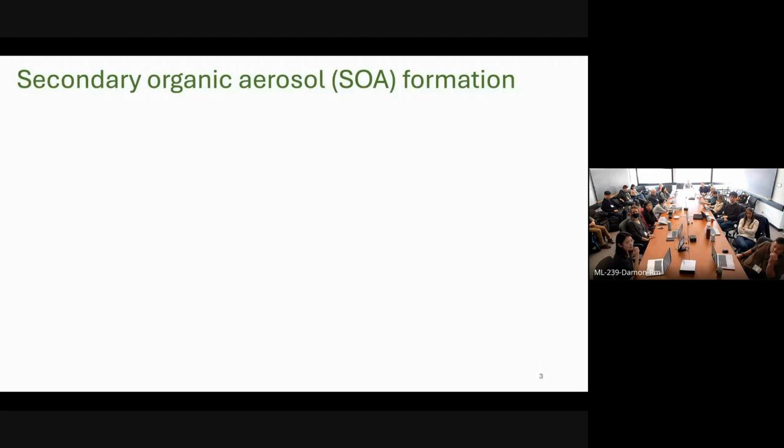Secondary organic aerosols are not directly emitted into the atmosphere as particles. Instead, they are formed through the oxidation of volatile organic compounds, or VOCs. For a large portion of the secondary organic aerosol, these VOCs are from biogenic sources.